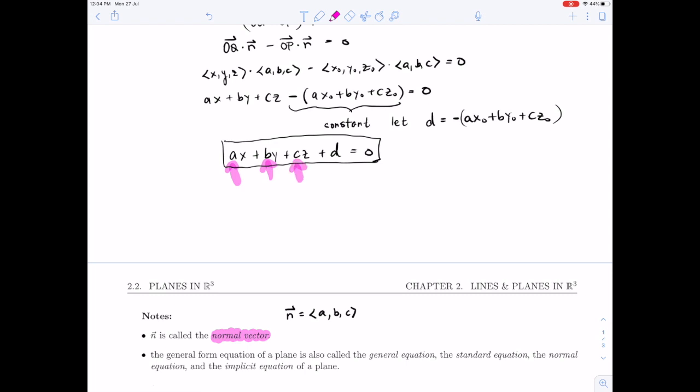The normal vector is apparent in the general form equation. And just another little bit of nomenclature: the general form equation, which I've been using interchangeably with the general equation, is sometimes also called the standard equation, the normal equation, or the implicit equation. All of these refer to this same equation here, which represents a plane in three-dimensional space.